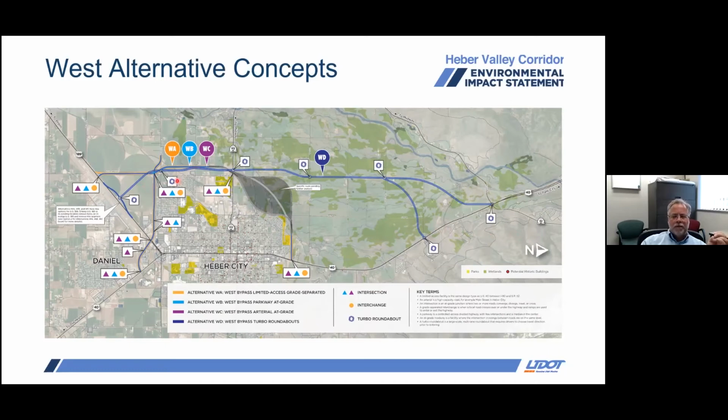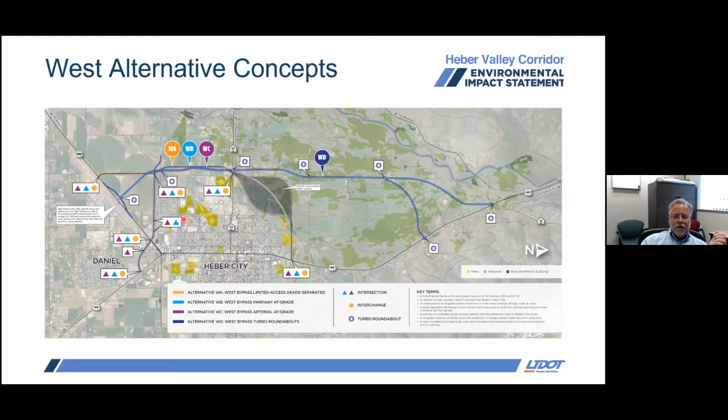First off, 3 of the bypass concepts, WA, WB, and WC, generally follow the corridor that has been preserved by Heber City and Wasatch County, and they all tie back to US 40 at about 800 north. The 4th alternative, WD, extends further north and ties back to US 40 at Potter Lane and at River Road.